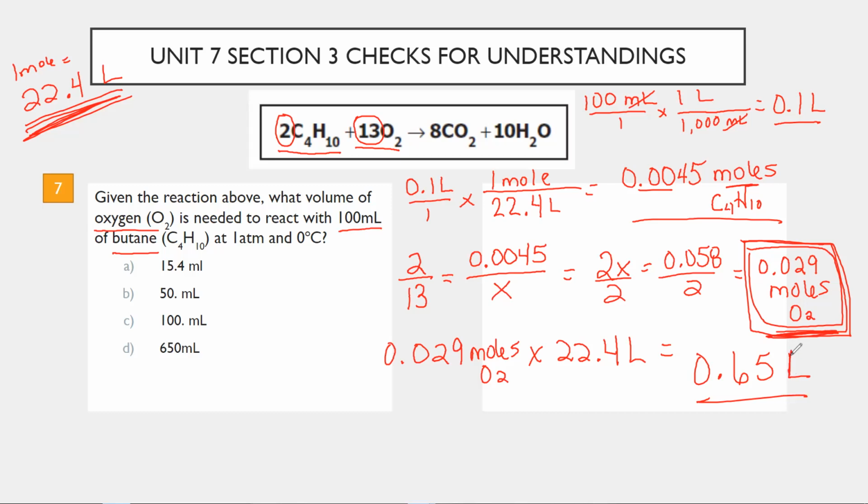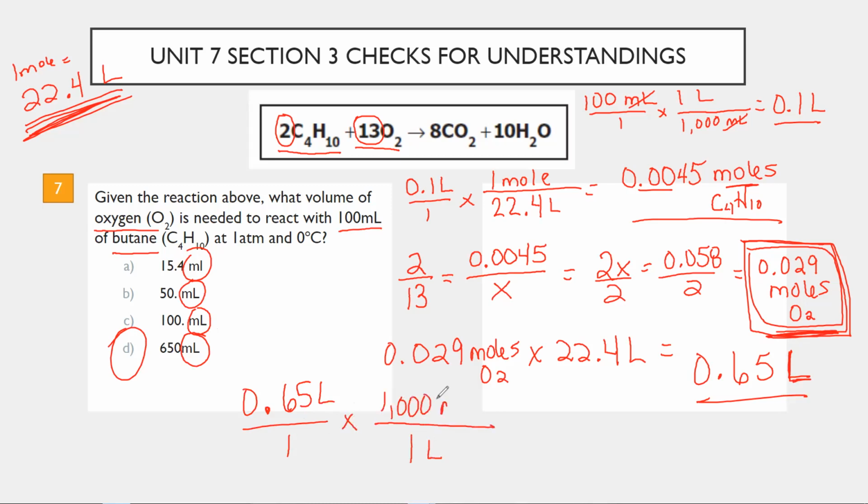That's because we're still in liters, and look what we have. We have milliliters. Well, you can probably tell right away that that's what you should have, but just so I can show you, converting liters back, 1 liter is equal to 1,000 milliliters. So 1,000 times 0.65 is going to give you 650 milliliters. Lots of conversions on that one.